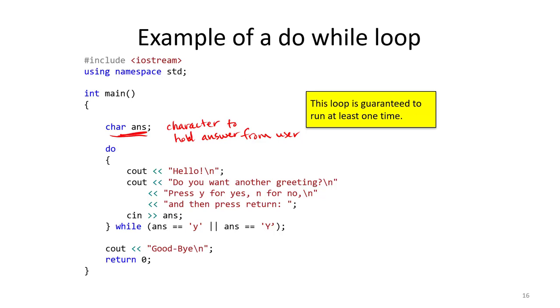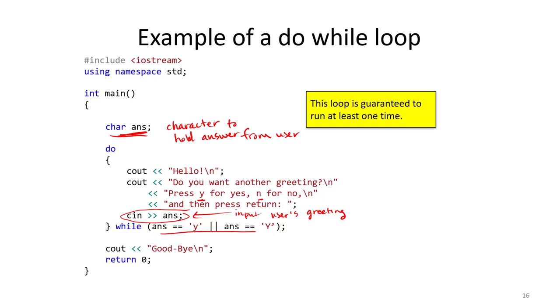So we declare a character, and then immediately we say, hello, do you want another greeting? Press Y for yes and N for no. Here we input the user's answer. So the user gets a chance to give their answer.